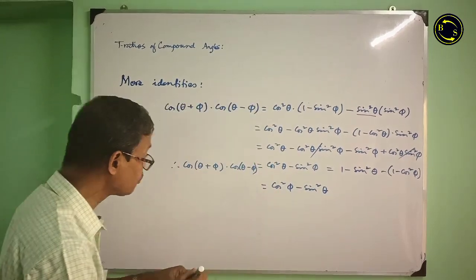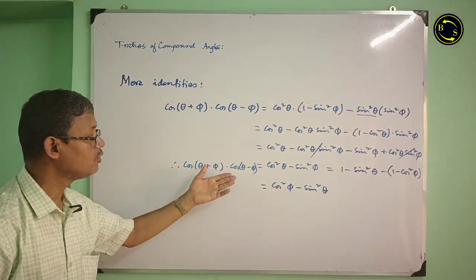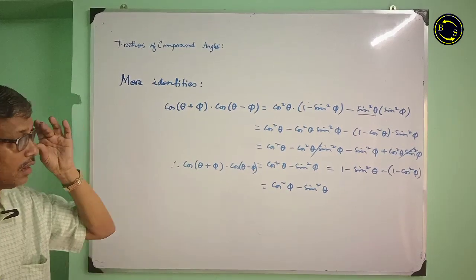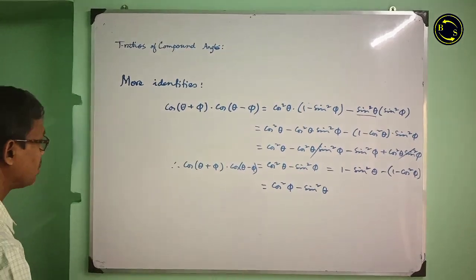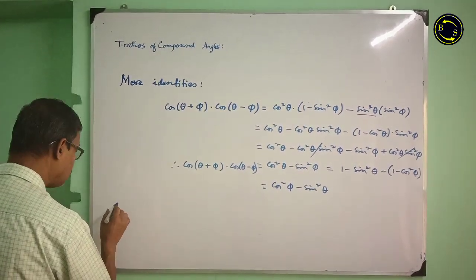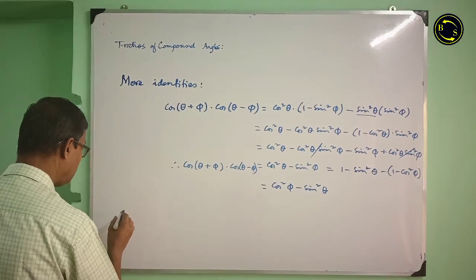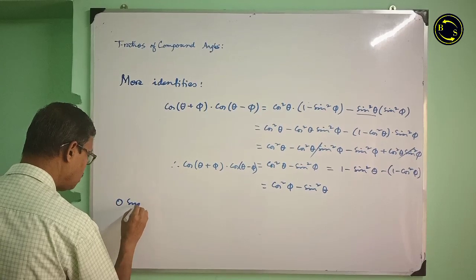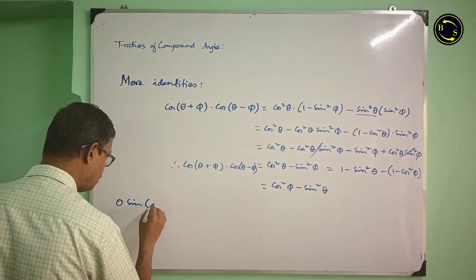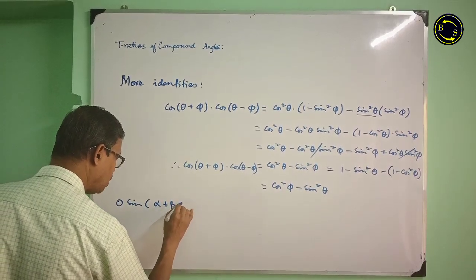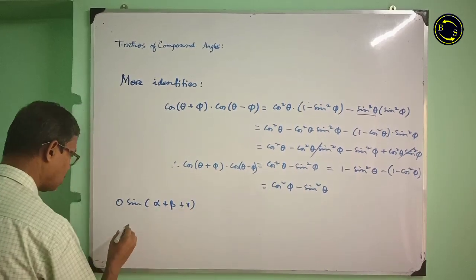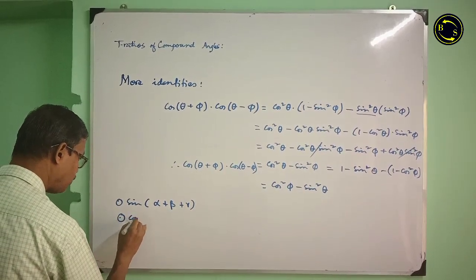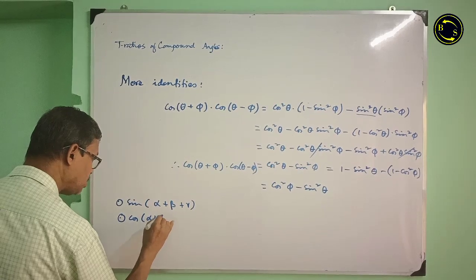These are the two forms of cos of theta plus phi into cos of theta minus phi. Next, we can deduce easily the trigonometrical ratios of sine of, say, alpha plus beta plus gamma, cos of alpha plus beta plus gamma.